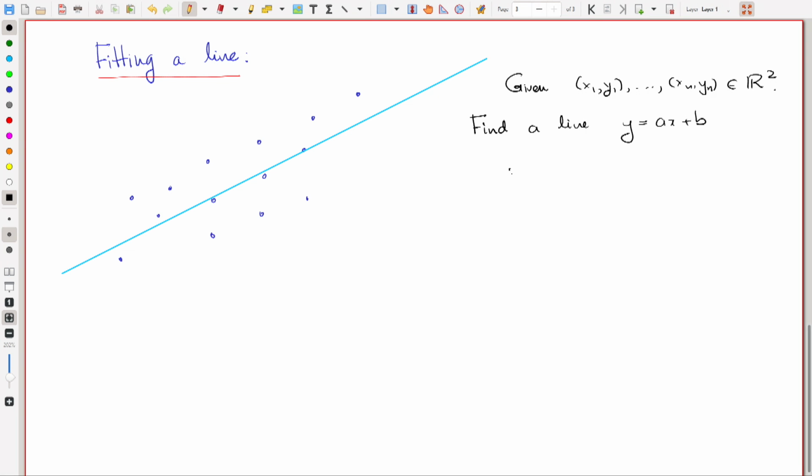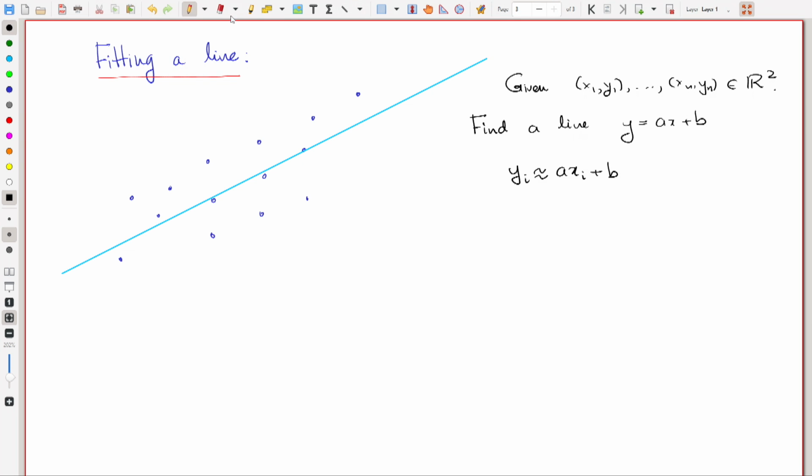So, what we want is y I close to a x I plus b, or in other words we want this error to be very small.